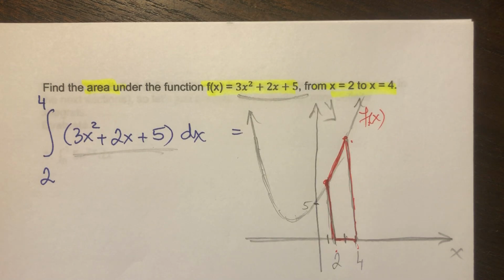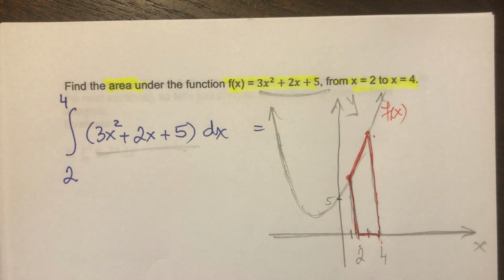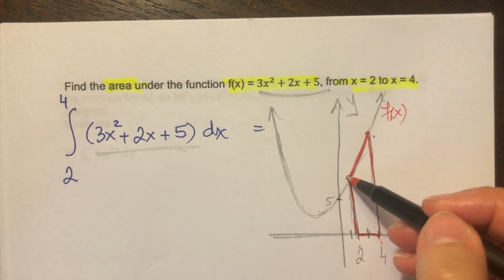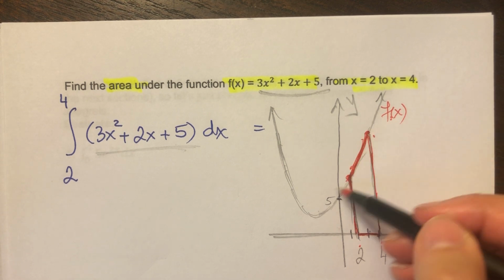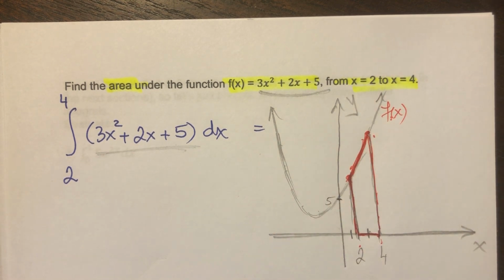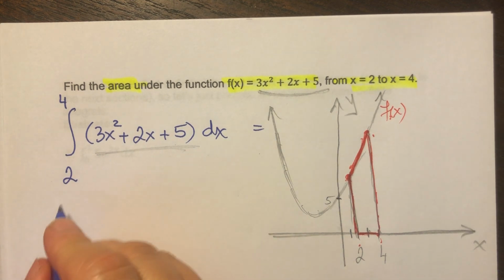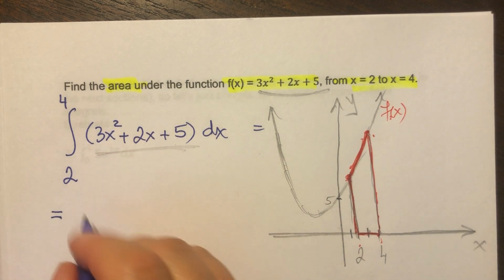So the point is that what we need to do is, since this isn't a regular shape, because this isn't a straight line, it might look like it, but it's curvy, okay? The only way to really find this exactly, and not by approximating, is to find this definite integral. So the rule says that you're going to simply find the antiderivative. So what's the antiderivative?